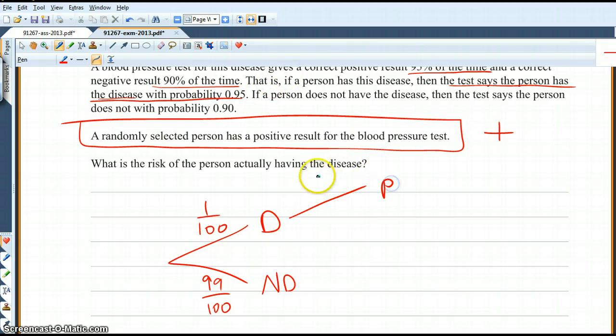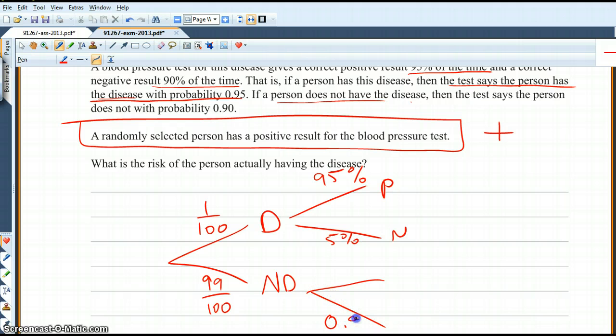So positive result, that's 95%, and a negative result 5% of the time. So they have the disease, but the test says negative. If the person does not have the disease, then the test says the person does not with probability 0.9. And a positive test result in 10% of the cases. It's not very good, is it?